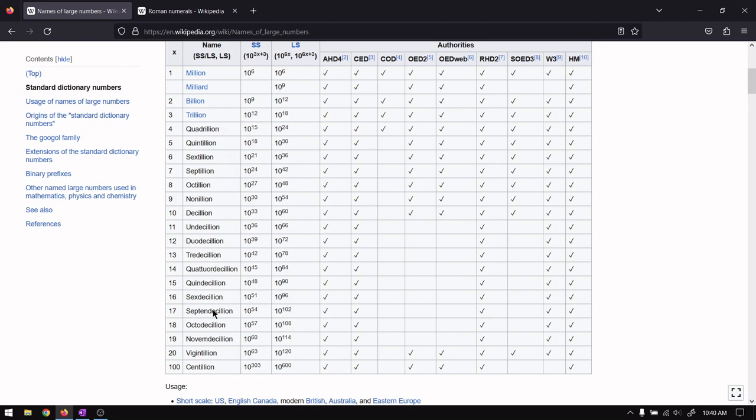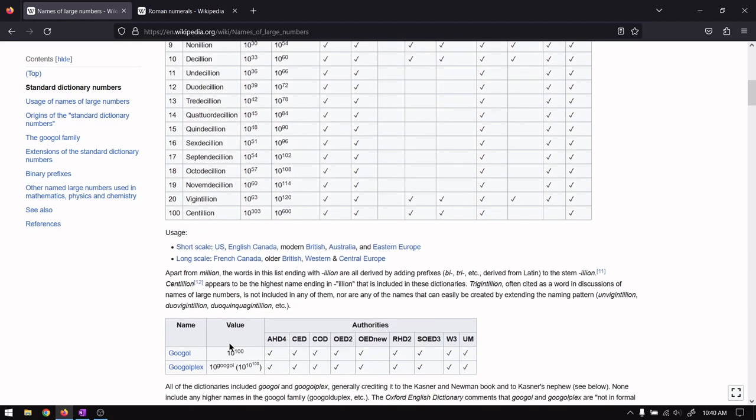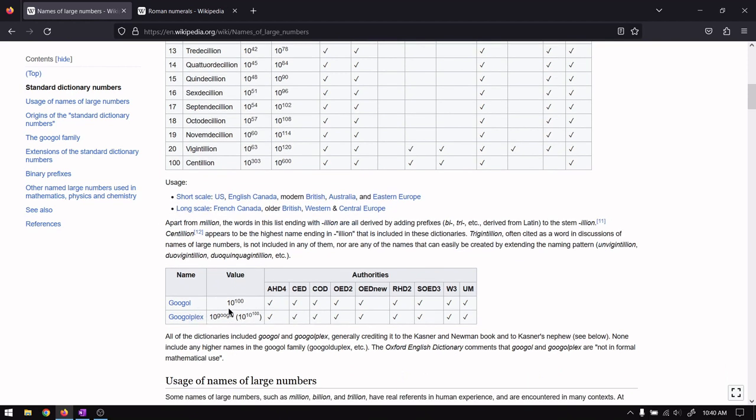It just keeps going on and on and up. These numbers are so large that they're hardly used in a lot of contexts. One number that is kind of nice or interesting to know is the googol, which is an extremely large value. That's actually where the name of the search engine Google comes from.